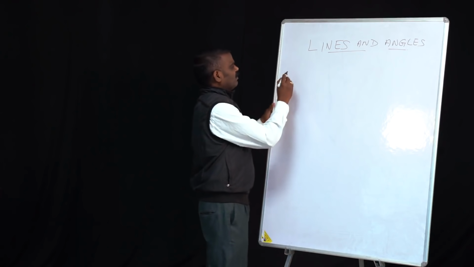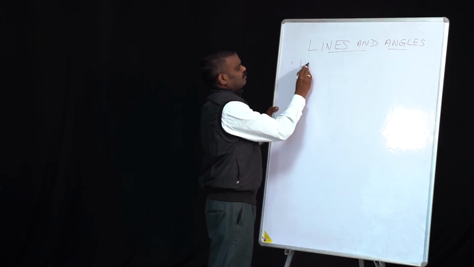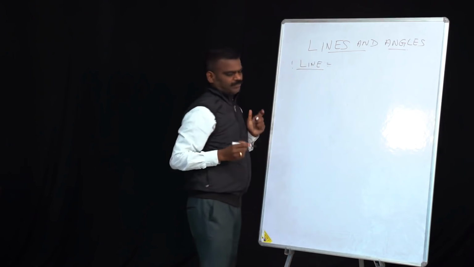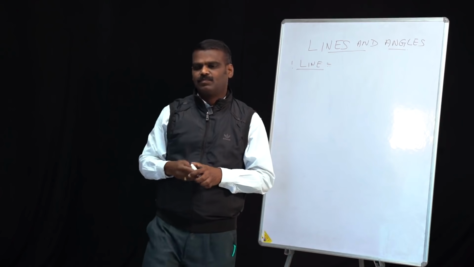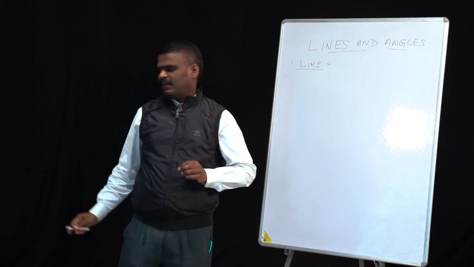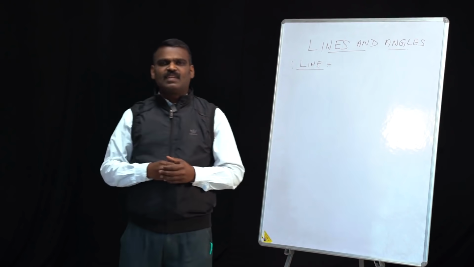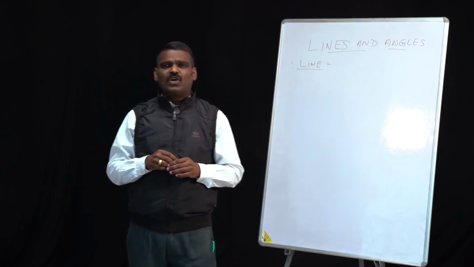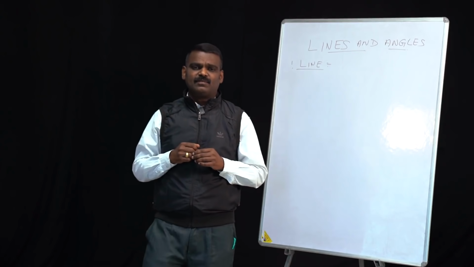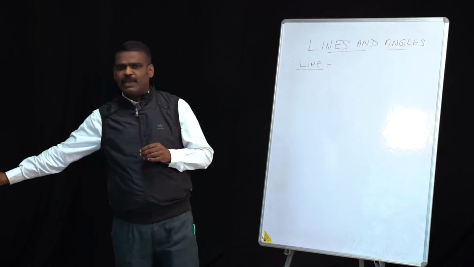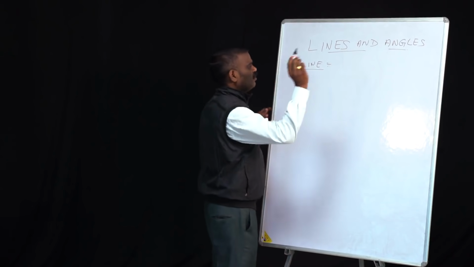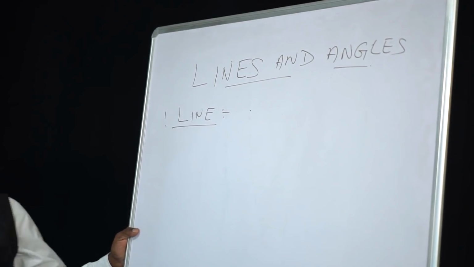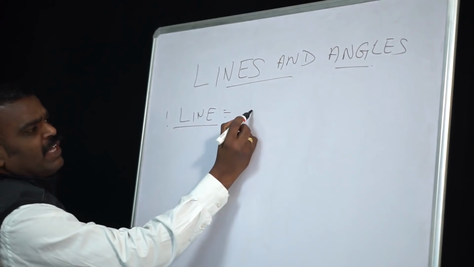First point is line. What is line? Line is a collection of points which are arranged in orderly to make a line. For example, this is a point. All of you know point, right? Then I will put one more point here.